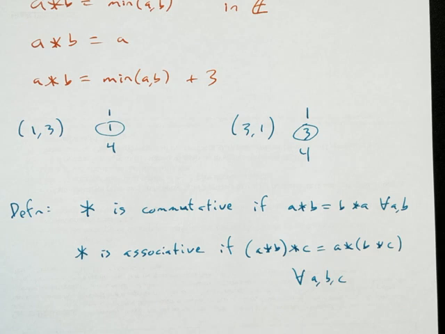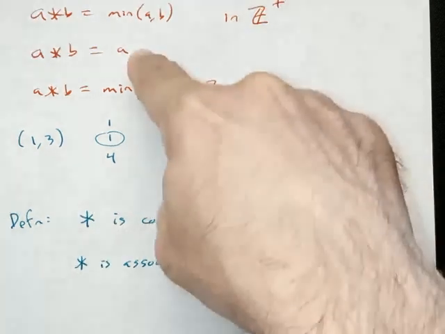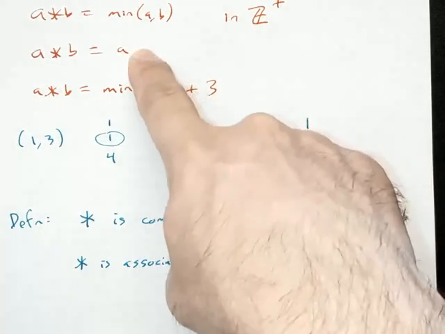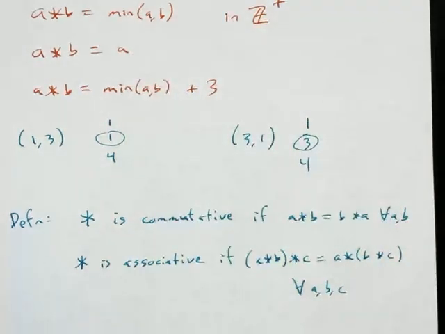In vectors, in physics and Calc 3, that product is both. We already know this one's not commutative. Let's take a look at this one.